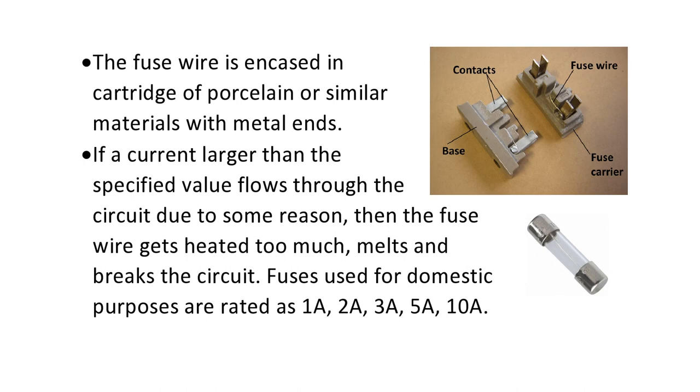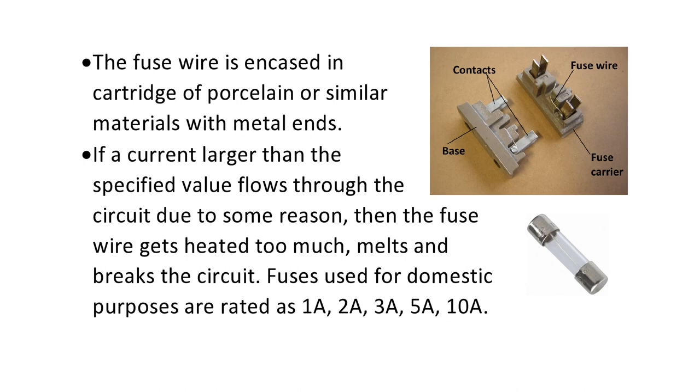If a current larger than the specified value flows through the fuse wire, then it becomes very hot and finally melts, thereby breaking the circuit. Thus, the fuse protects the appliances or the devices from getting damaged. So, fuse also is a device which is based on the Joule's heating of electric current.